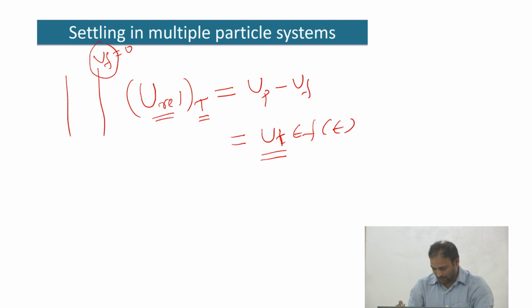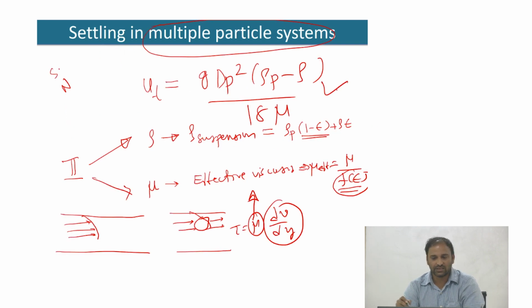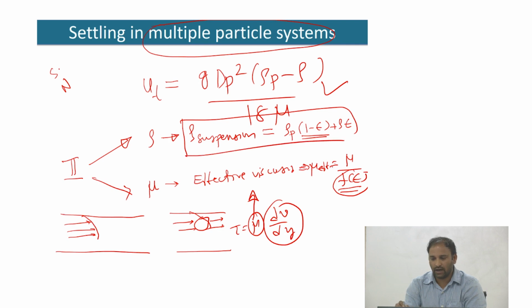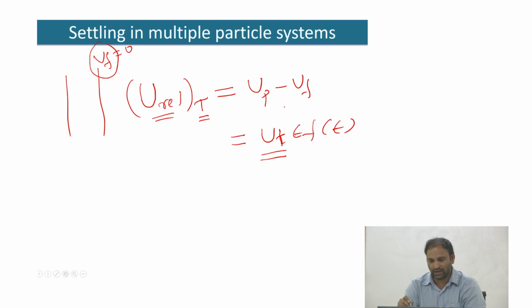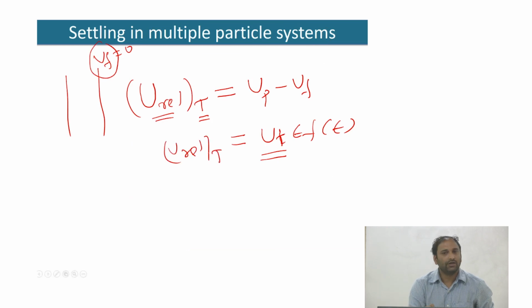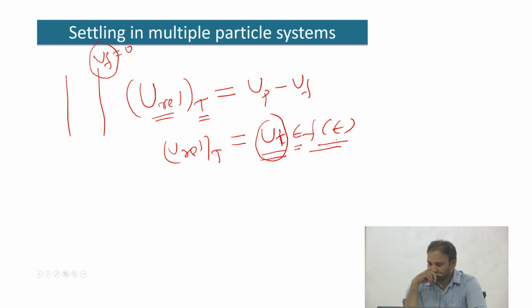If you go back to this expression, substitute for rho in terms of rho suspension, and then replace mu with mu effective, that's what you will end up with. Your U relative terminal is going to be the settling velocity under free settling conditions multiplied by epsilon times f of epsilon.